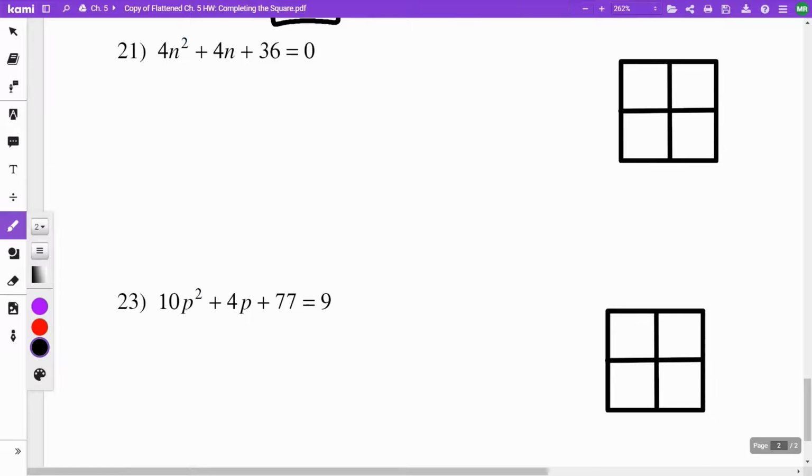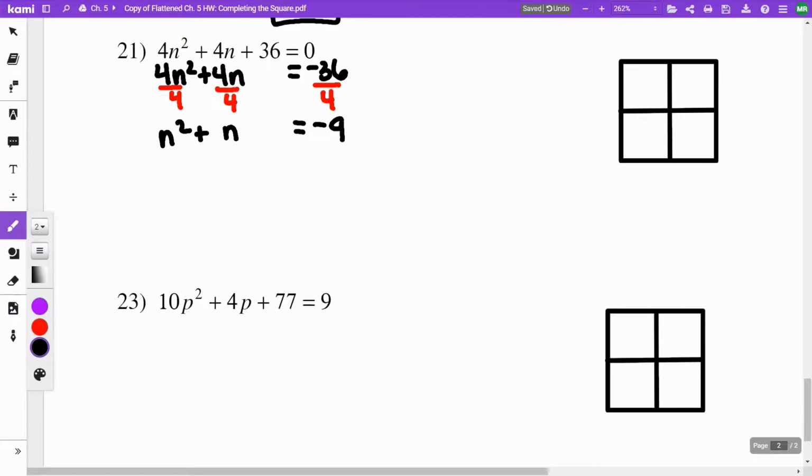Okay, 21. I'm going to have it be a 4n squared plus 4n. I'm going to take the 36 to the other side. I'm going to divide by 4, divide by 4. I get n squared plus n is equal to a negative 9.